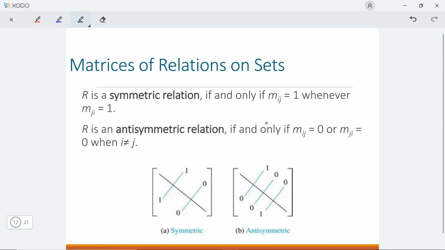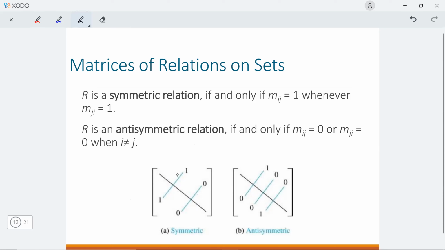So here, if we use the notation of these elements, it means if we have the element in the ith row with the jth column, then the element in the jth row and ith column should have exactly the same value.